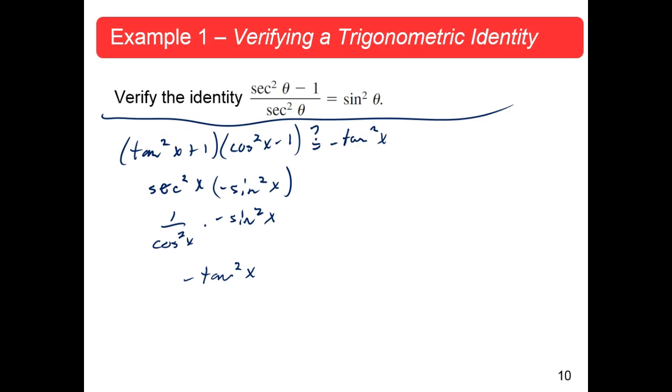Now, they do show another way that you can check to see if your identities really are identities. If you have a graphing calculator and you know how to do this, then enter one side as a function, as your y1, say, then do y2 as the other side, and then say plot or graph or whatever your command is there.